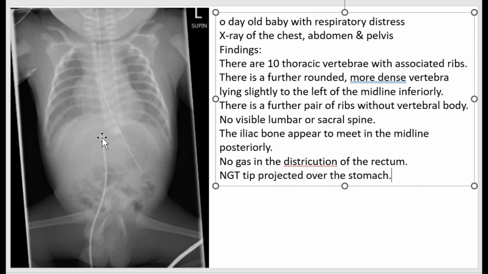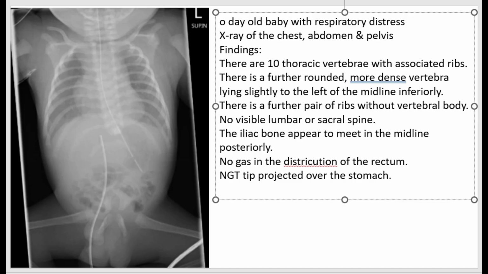It's near the junction of the IVC and the right atrium. Okay, so this is the normal position of the umbilical venous catheter tip.